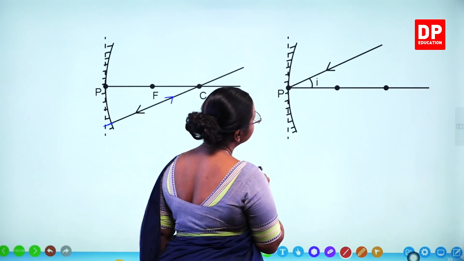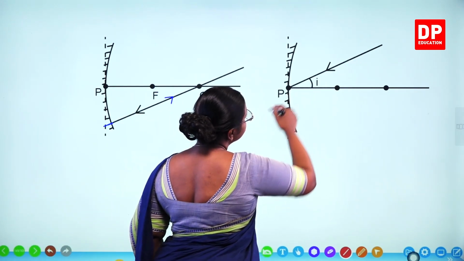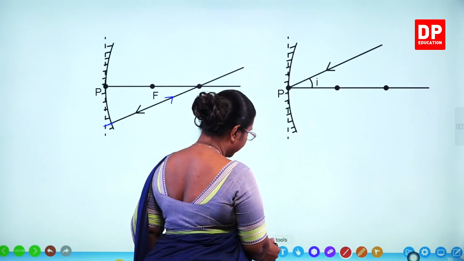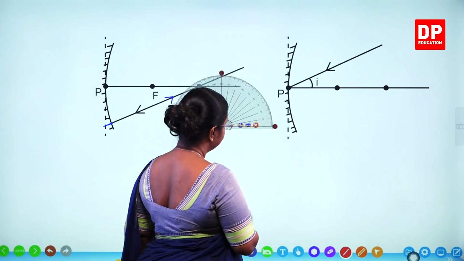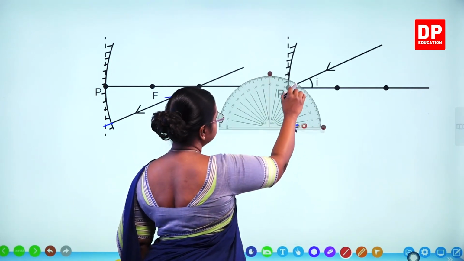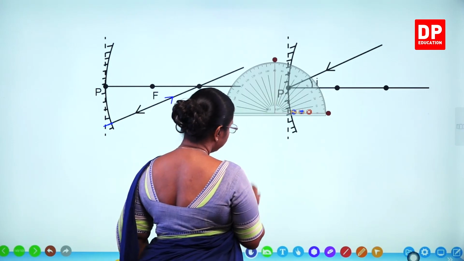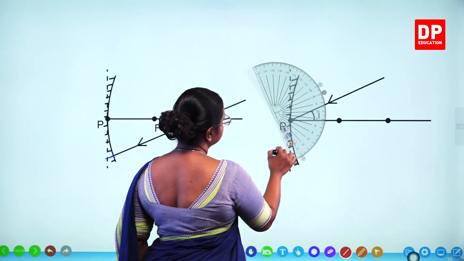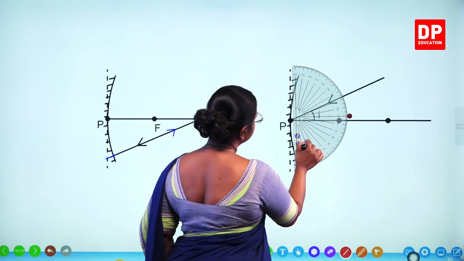Then we have the next one. A ray that is incident with an angle i has to reflect with the same angle, that you know. So to do that, I will use the protractor.